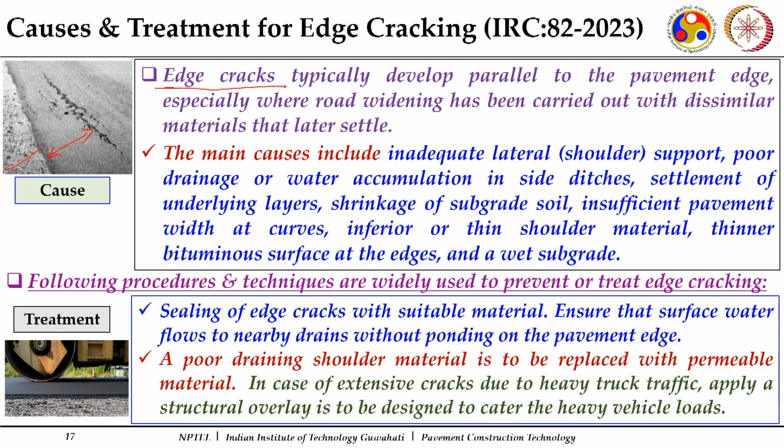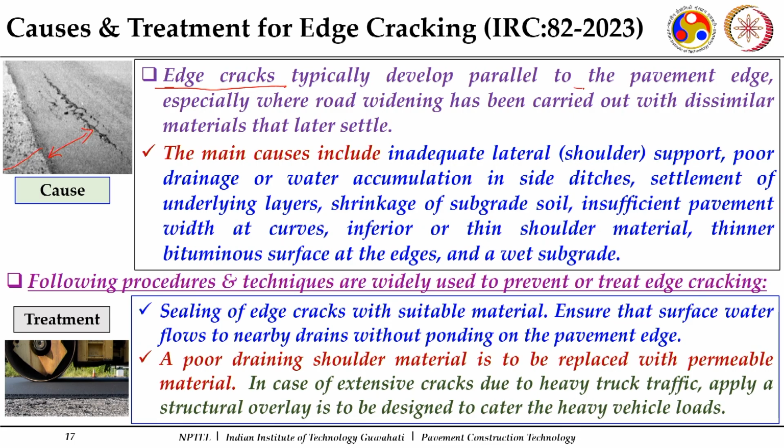Usually heavy traffic moves along the outer lanes, so the wheel path near the outer edges may experience significantly higher stresses compared to the inner part of your carriageway. If it is poorly constructed, with inadequate support from the shoulders and the underlying layers, we can see these edge cracks, which usually run parallel to your center line.